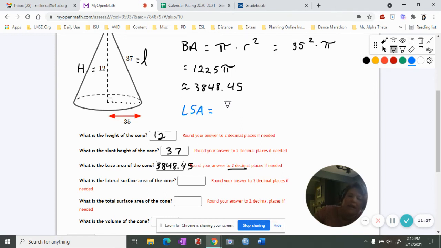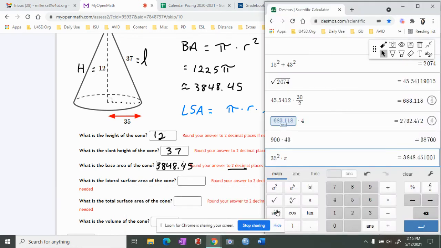Remember, it's pi times the radius times the slant height. So pi times 35 times 37.